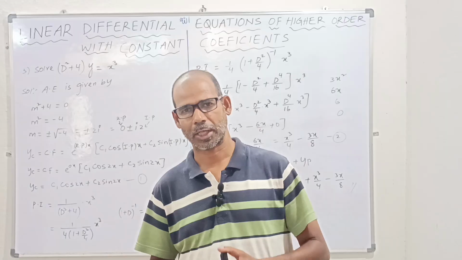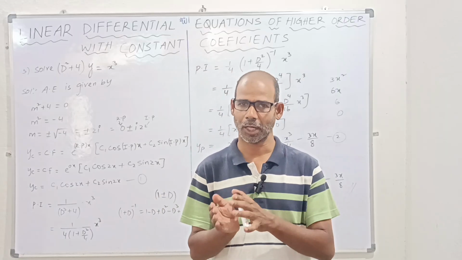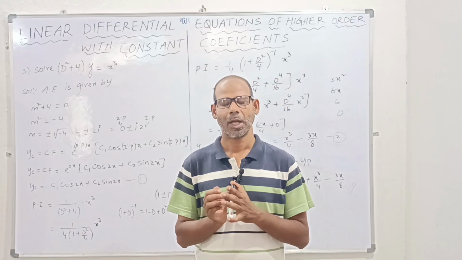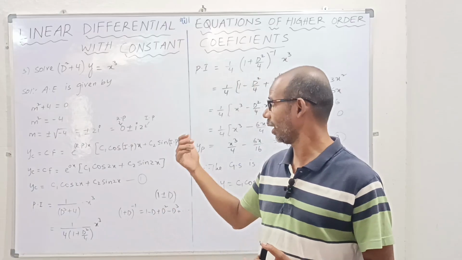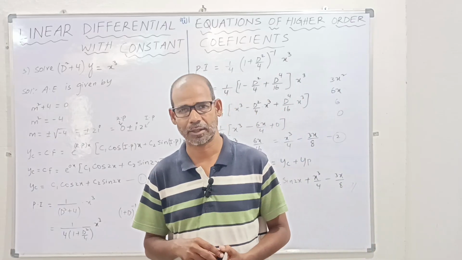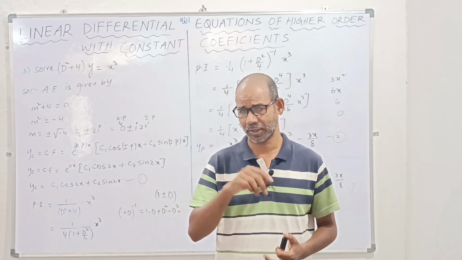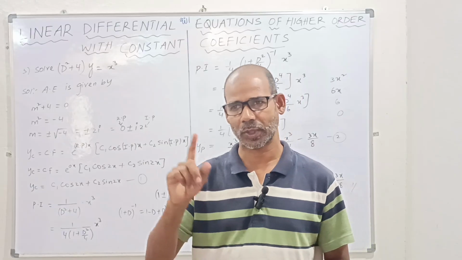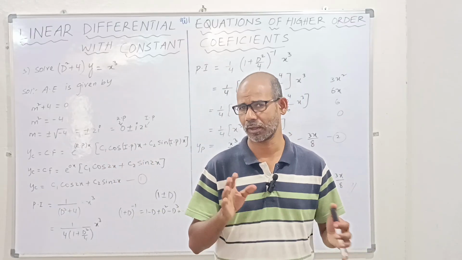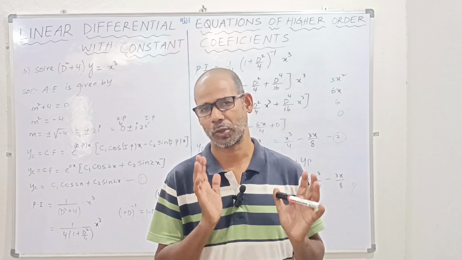If the denominator becomes 0, we put d equals a in the denominator and move e power ax to the left of the operator. In the second case, the right hand side was a trigonometric function, whether sine ax or cosine ax. In that case, we put d square equals minus a square in the denominator, provided the denominator is not equal to 0. If the denominator becomes 0, we have to use the formula.